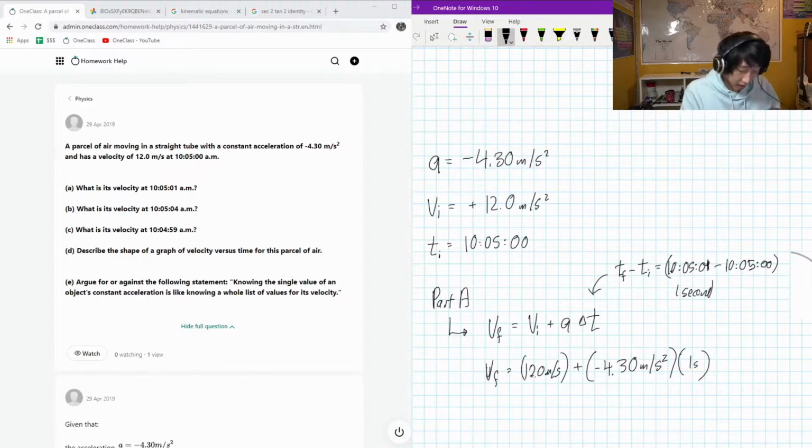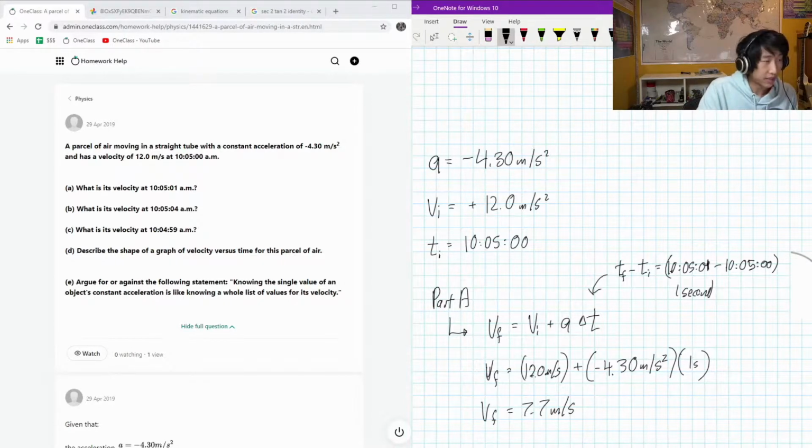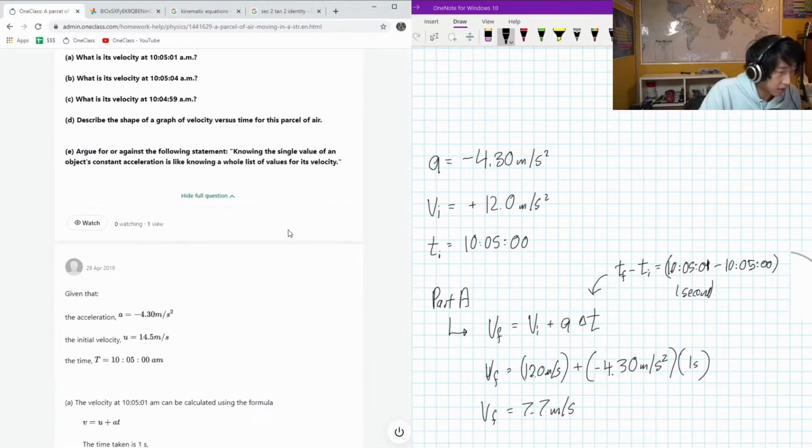Okay, so that's a quick math. VF is just going to be 12 minus 4.3. And that is 7.7 meters per second under that type of deceleration. And it's constant, okay? So we're always going to have that. Is that what we got here?